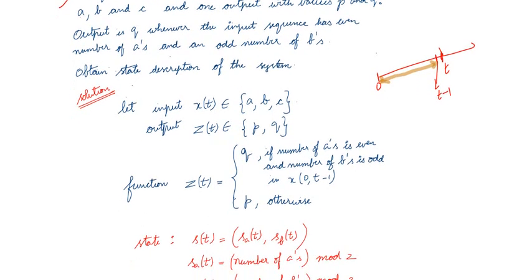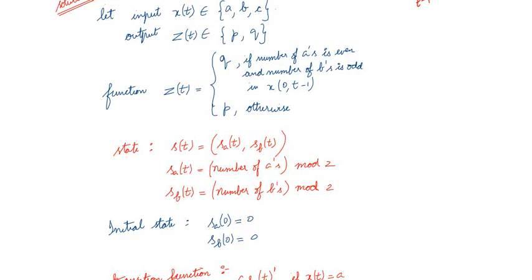Here we are going to take the state as, since it depends on two inputs a and b, sa of t comma sb of t. What is sa of t? It is the number of a's mod 2. What is sb of t? Number of b's mod 2. What is number of a's mod 2? What is the meaning?